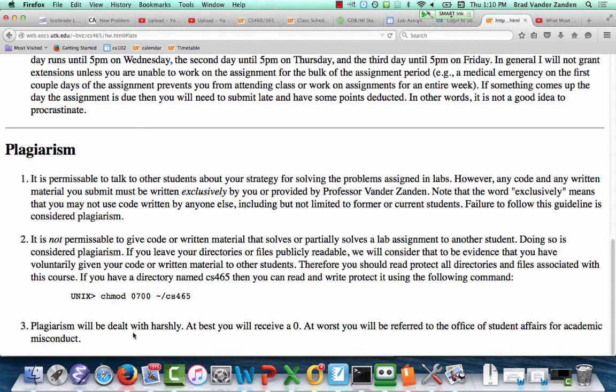Okay? Dr. Planck says it much more eloquently than I do about what he thinks about cheating and plagiarism, but I do not like it either. And at best, you will come off with a 0 for that assignment, and at worst, I'll get really miffed and refer you to academic misconduct.